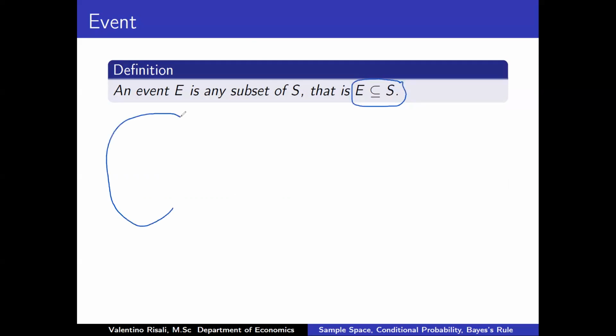If we have S the sample space, then an event is any subset of S. For example, the event E is like this, and of course we can get another event such as this, and so on.